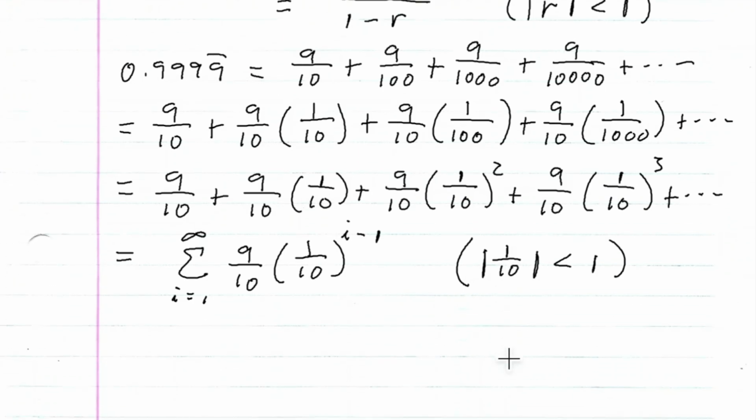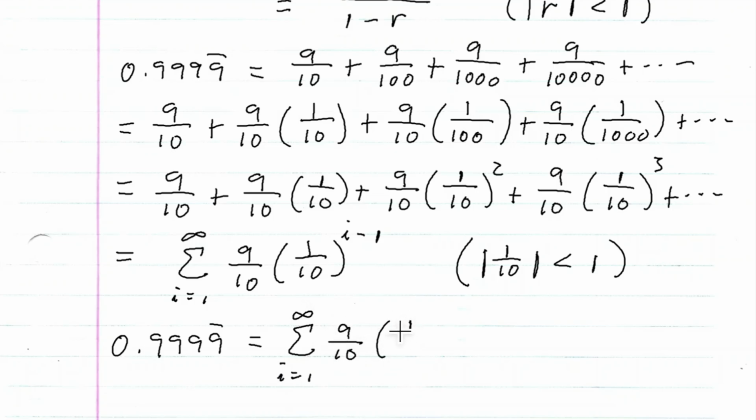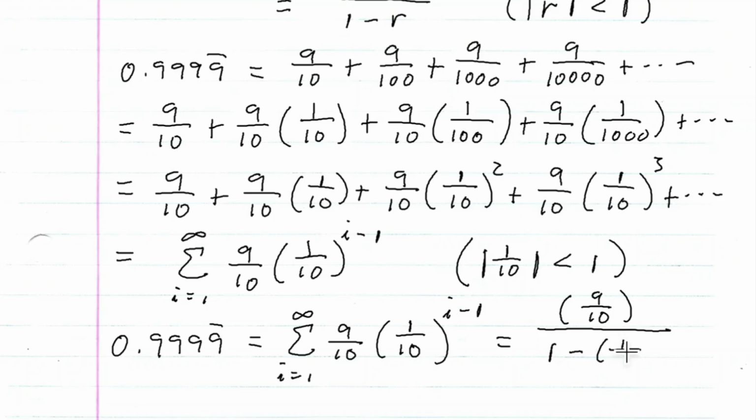So now we know that 0.9999 is equal to the infinite series from 1 to infinity of 9 over 10 times 1 over 10 to the i minus 1, which we know this is equal to 9 over 10 over 1 minus 1 over 10, right?